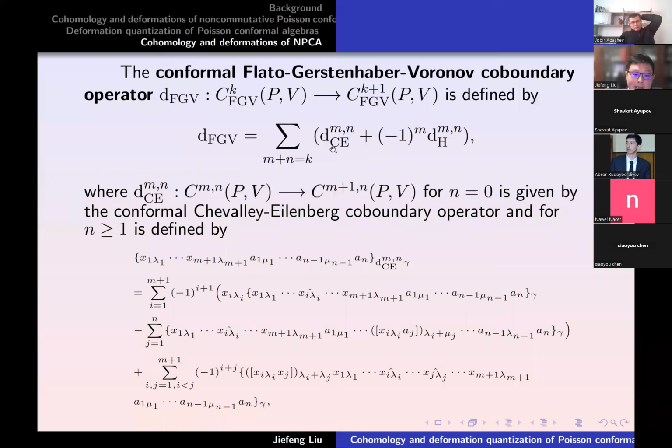In this formula, for n is equal to 0, then D_CE^{MN} from CMN to C^{M plus 1,N} is given by the conformal Chevalley-Eilenberg coboundary operator. For n is greater than or equal to 1, it's defined by this formula.